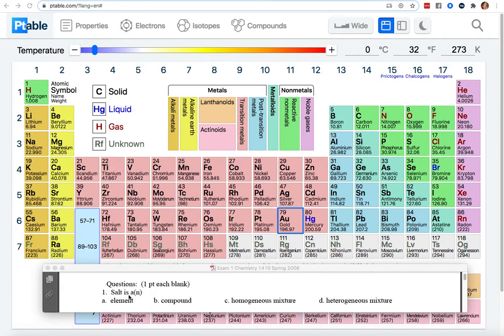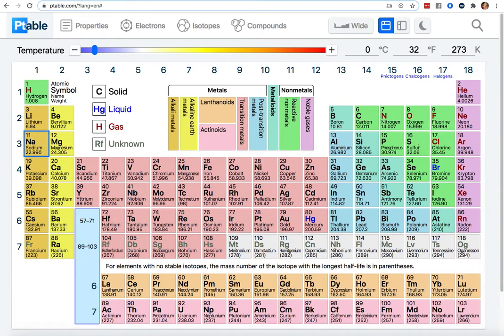Okay, so the first one it's asking about salt. For this one, you would need to know that salt is sodium chloride. Because it's sodium chloride, it is made up of sodium and chlorine, and they are chemically bonded together. It's not just a mixture of sodium and chlorine.